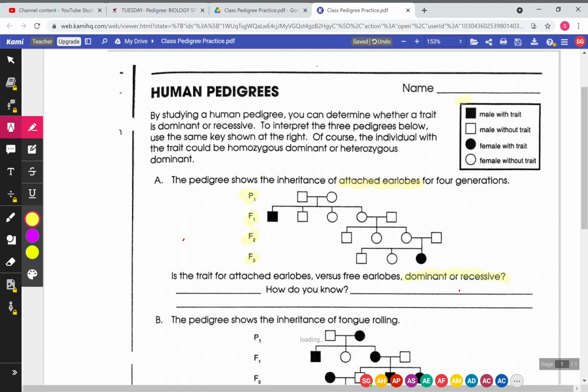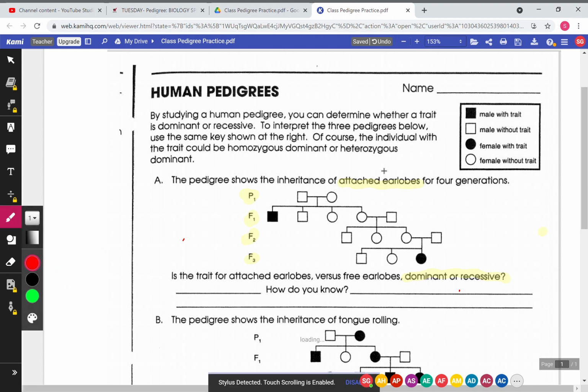Up here, it's going to tell us what this means. So we know what's dominant, we know what's recessive. Let's go ahead and go down here to where we can write in our answer. Okay, so we know it's recessive because there are very few of them that have it.